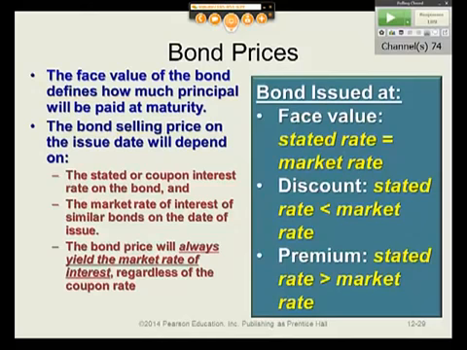So everybody in this room looks at my offering. I'm offering you 8%, but you know you can go next door and get 10%. Are you going to give me face value for that bond? No, it's not worth face value. You discount the bond. The discount is a price below par.